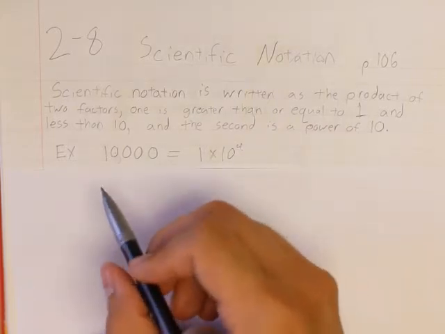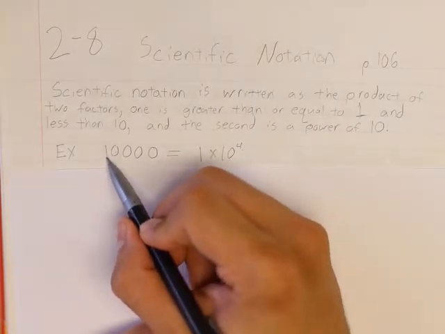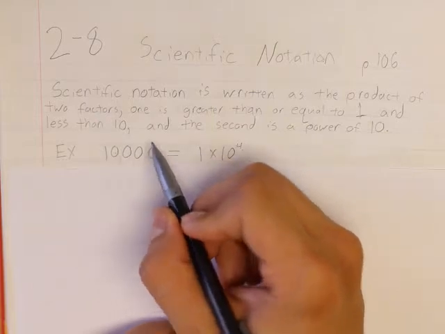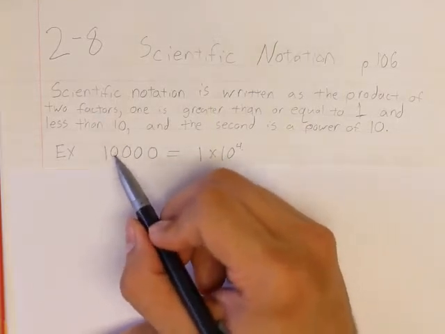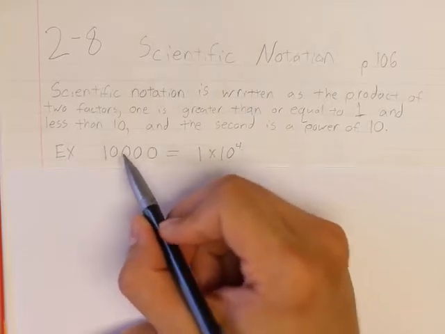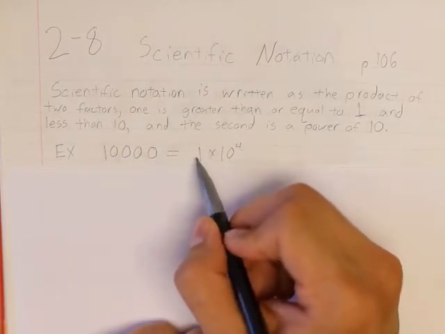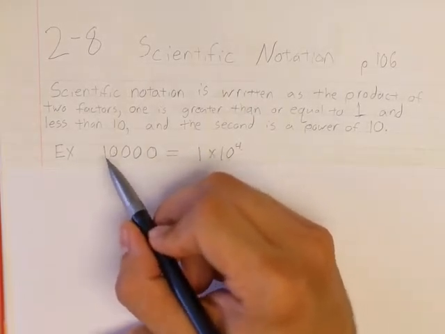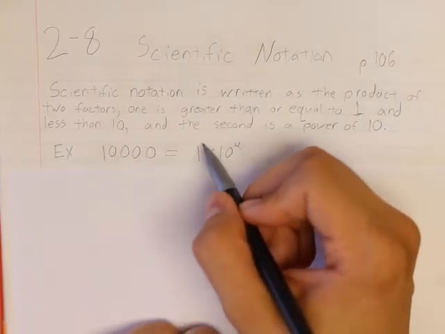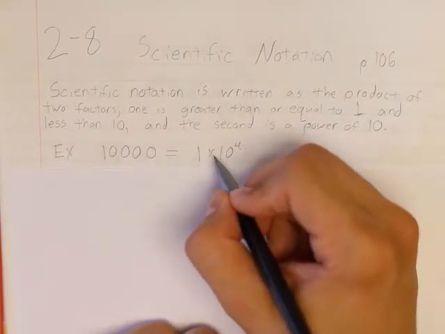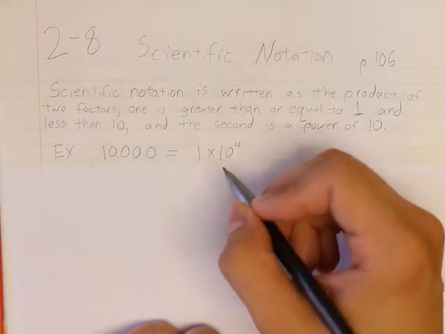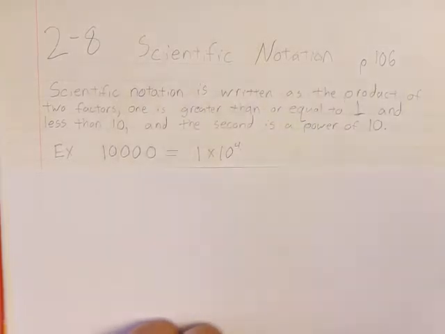Not quite. What you do is you go to the first number, okay? And you're going to write down all the numbers that you have right here except for the zeros. So we put the first number down, and that's just a 1. We have no other numbers besides 1 and zeros. So we put down the 1, and then we say times 10. It's always going to be times 10. Every time.